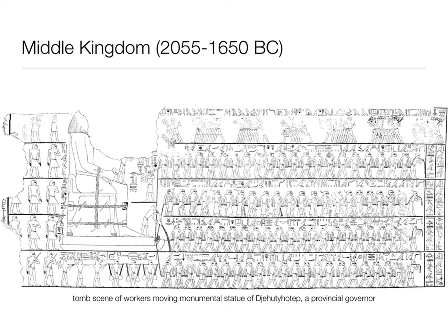These in real life would have been a long procession of people, but the way they're represented historically is through these registers stacked on top of each other. But you can see he's on a sledge, right?